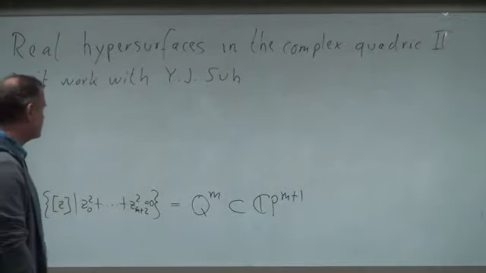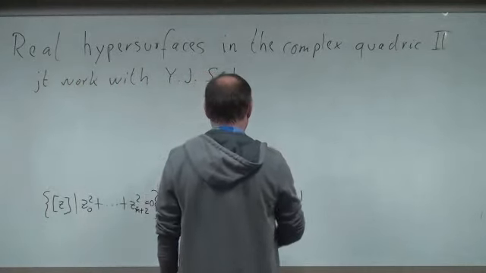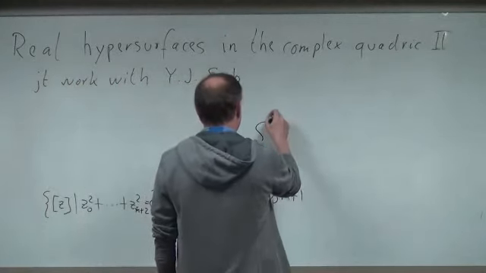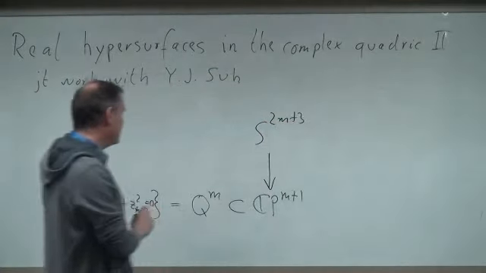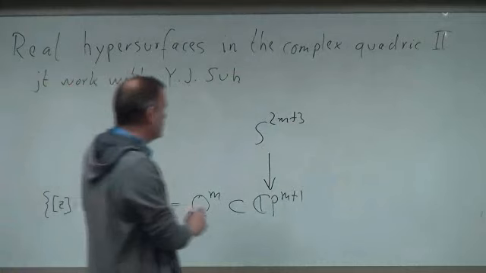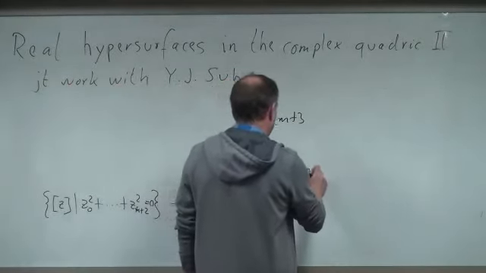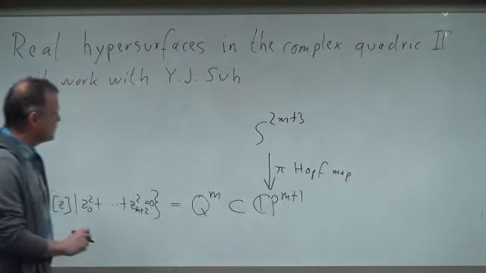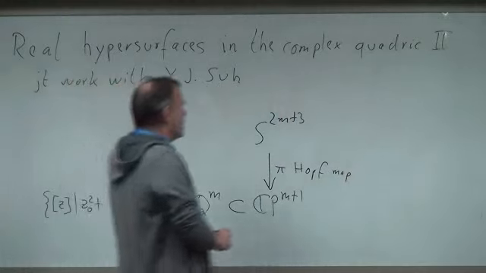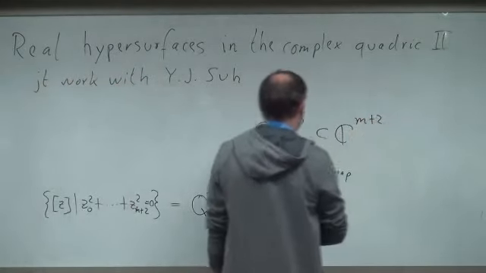vector z, and we have a natural projection here from the 2m+3 dimensional sphere. This is the Hopf map, or Hopf fibration, which is a circle fibration sitting inside C^(m+2).